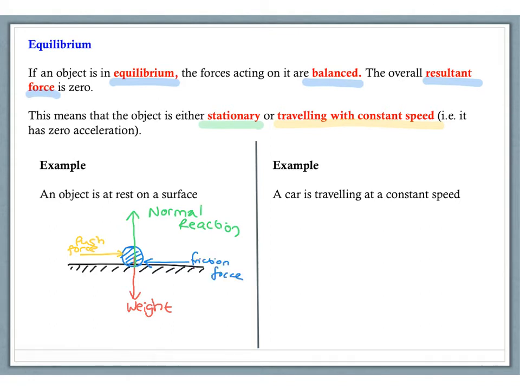Now, if I start pushing, I may not push hard enough to overcome the frictional force, and the object may still remain in equilibrium. To break the equilibrium, my pushing force has got to be greater than my frictional force, and at that point the object will start moving, it will start accelerating, and equilibrium will be broken.